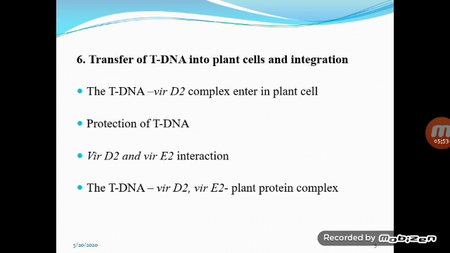Next is the transfer of tDNA into plant cells and integration. The tDNA with VirD2 complex crosses the plant cell plasma membrane. In plant cells, tDNA gets covered with VirE2. Why does VirE2 protein cover tDNA?